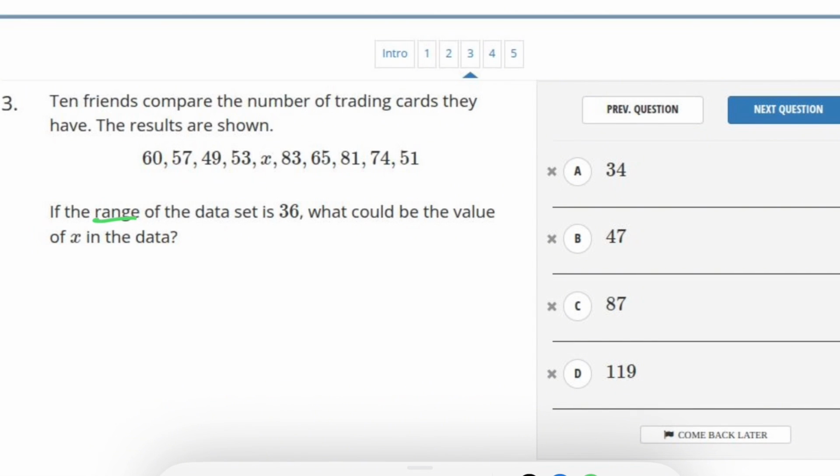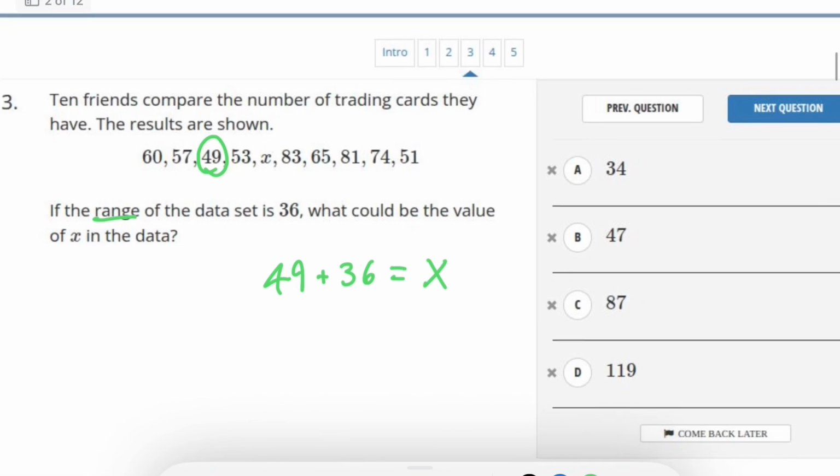So here we could take the lowest number, which is, in this case, 49. You could take the lowest number, 49, and you would have to add 36, because that is the range, to get X, if we're saying X is the greatest number. So that would be our first equation.